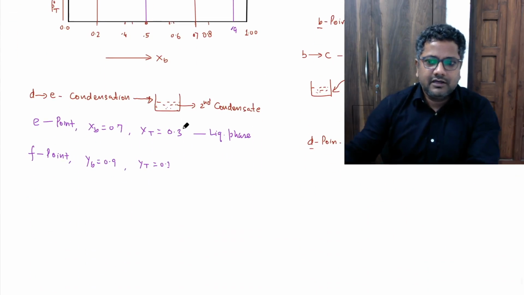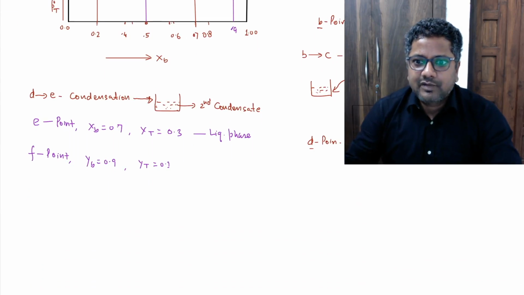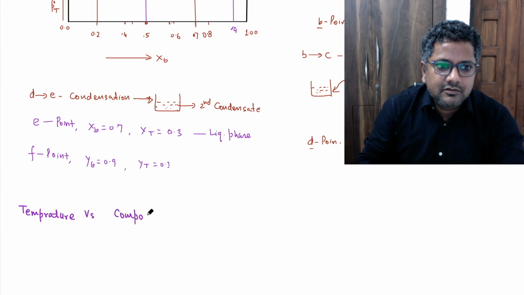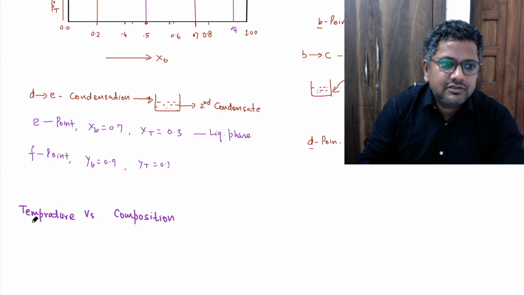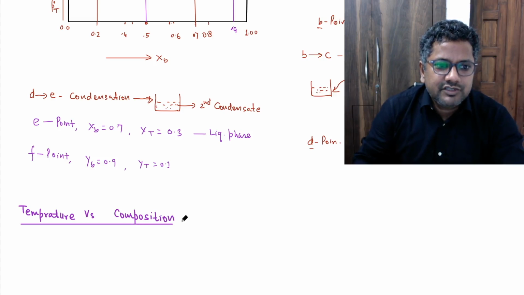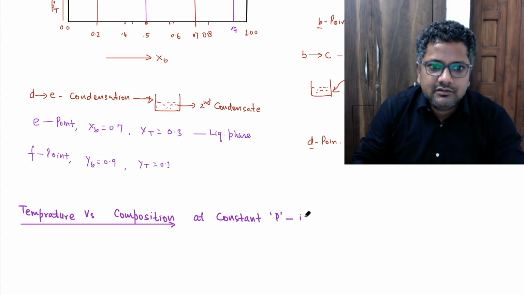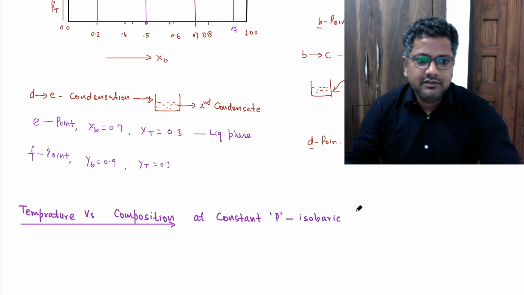So the next graph we will see is the temperature versus composition curve at constant pressure, which means isobaric, right?